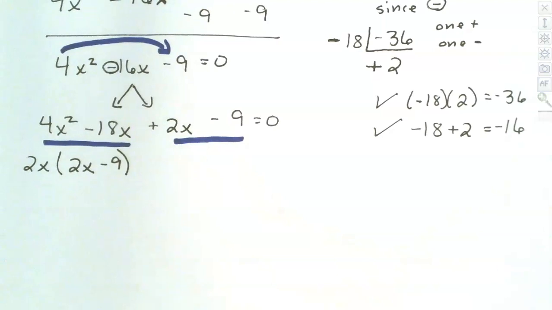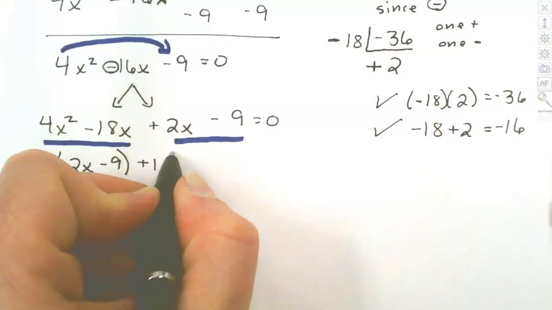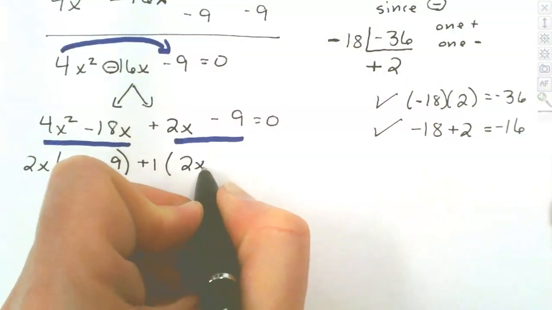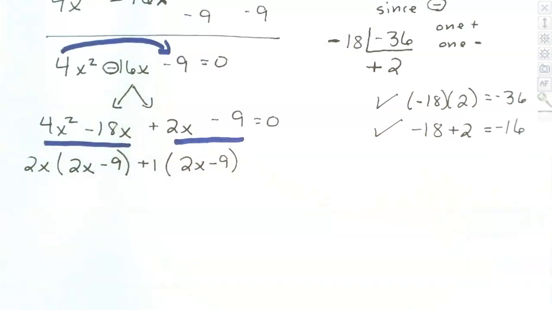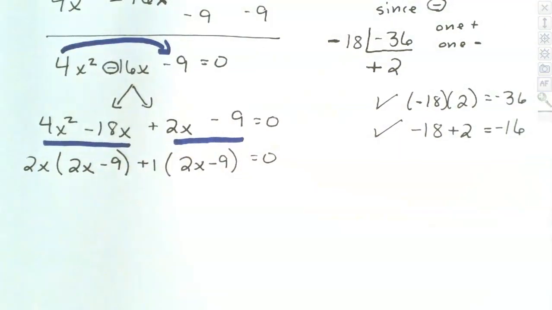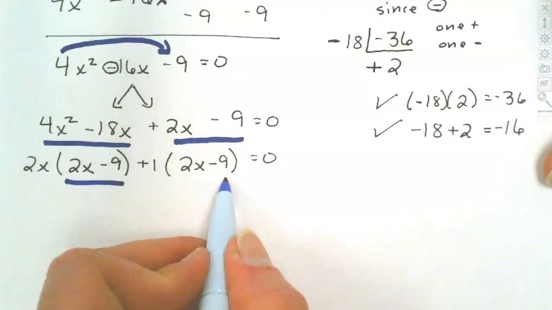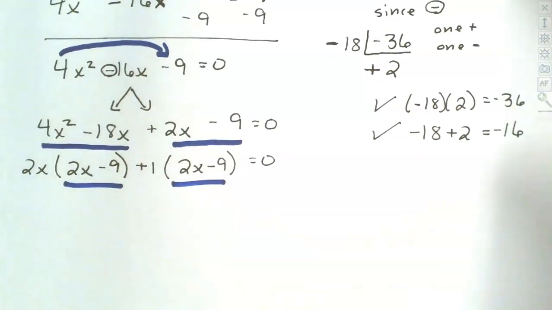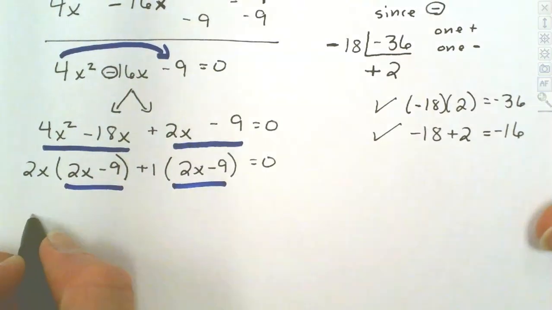Yeah, if nothing comes out, what do we always take out? 1, right? Nothing comes out, so we can always take out a 1. And that leaves you with a 2x minus 9 as well. Are my groupings now identical? Yes. So what do we write out in front? 2x minus 9 out in front.